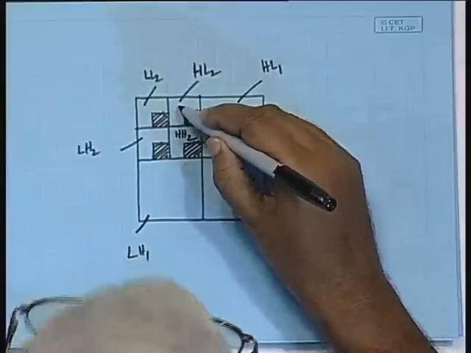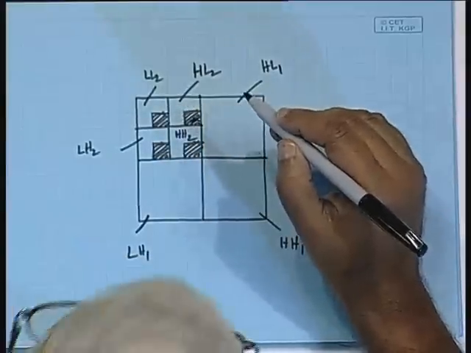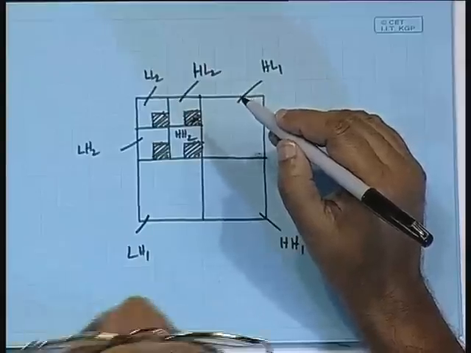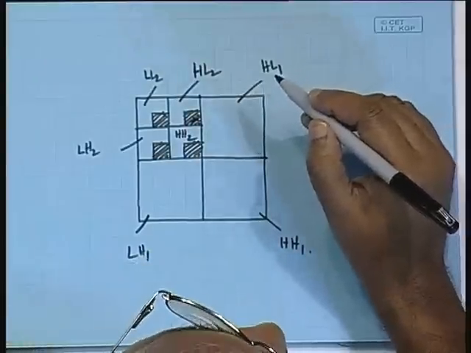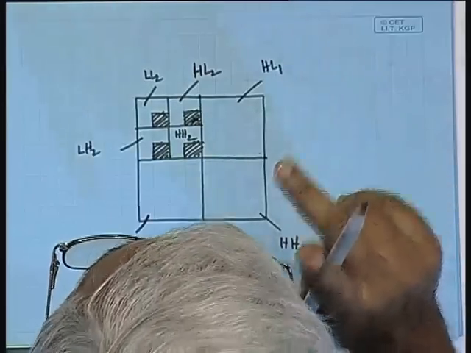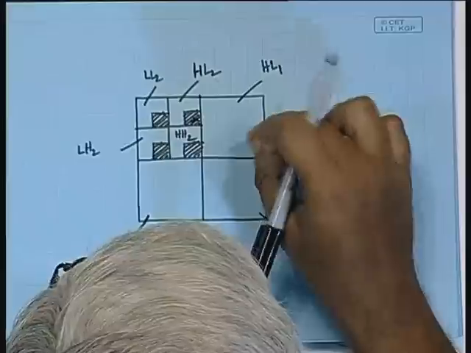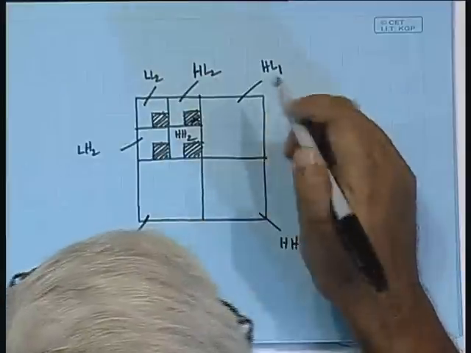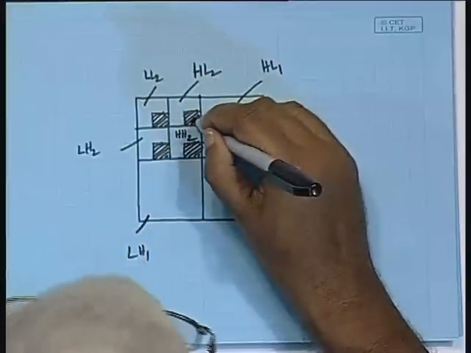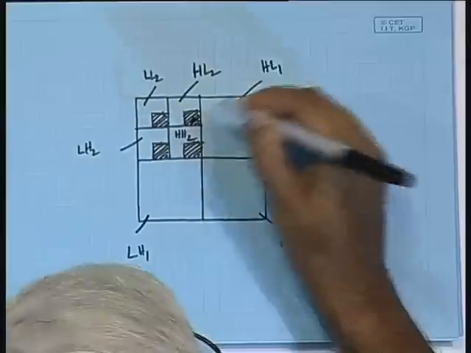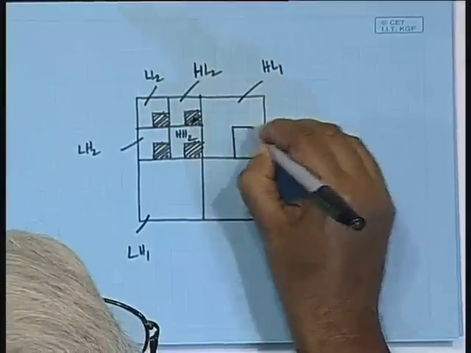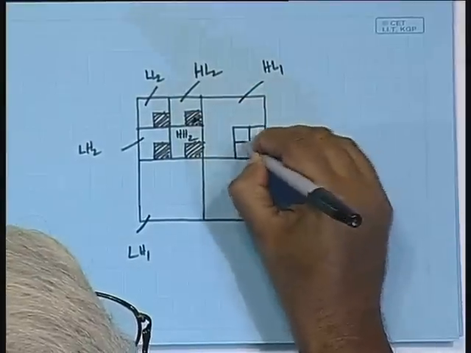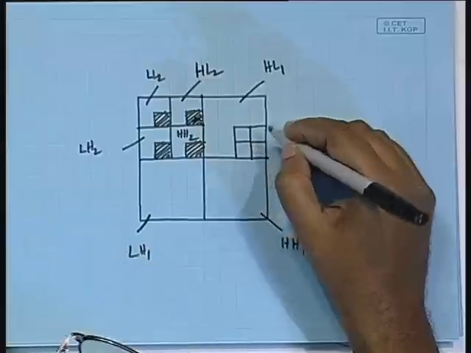So, 1 pixel in the HL2 subband corresponds to how many pixels in the HL1 subband? 4, because the resolution is higher in this. So what you are seeing as 1 pixel in HL2 will be 4 pixels in HL1.